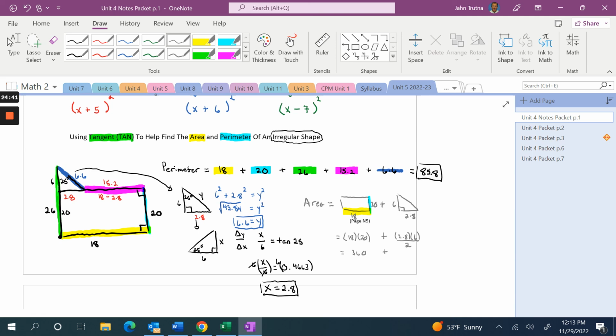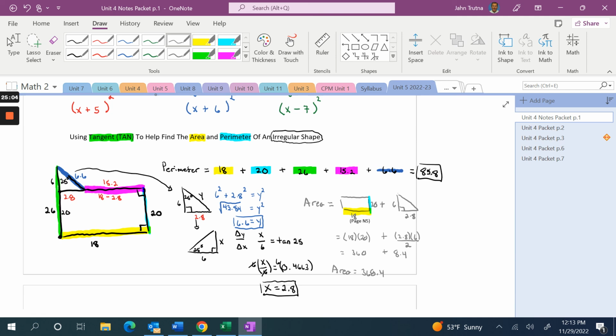In other words, you divide by 2. So you would go 2.8, multiply it with 6, get an answer, divide it by 2, and that is 8.4. Okay, and then to find the area, you would add up 360 with 8.4, and that is 368.4.